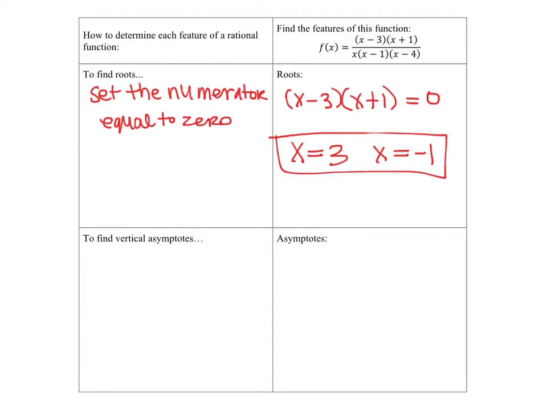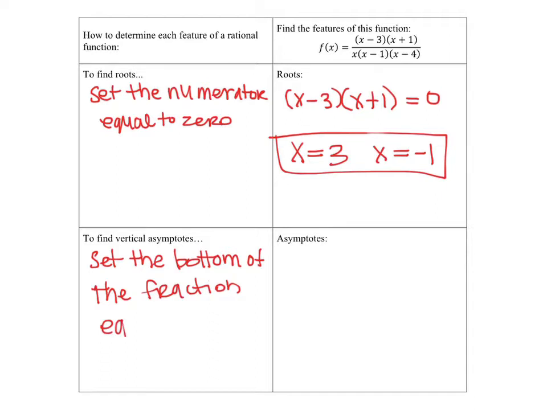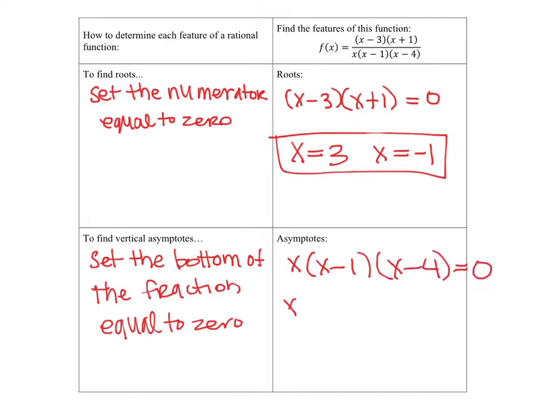So to find the vertical asymptotes, set the bottom of the fraction, or the denominator, equal to 0. So for this example, I'm going to say x times x minus 1 times x minus 4. Set that equal to 0. Gives me x equals 0, x equals 1, and x equals 4.